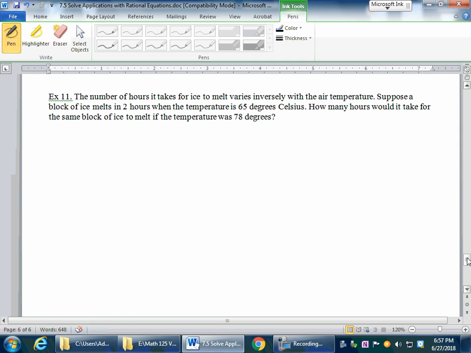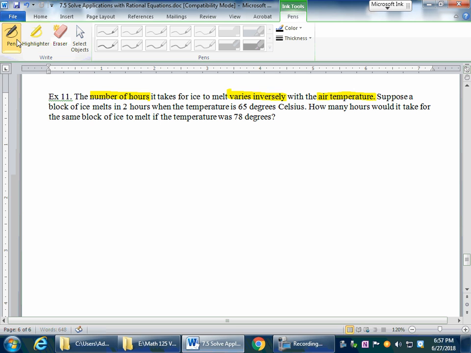Suppose that a block of ice melts in 2 hours when the temperature is 65 degrees Celsius. How many hours would it take for the same block of ice to melt if the temperature was 78 degrees? So after we read the whole thing, we know that we are talking about the number of hours it takes ice to melt varies inversely with the air temperature.